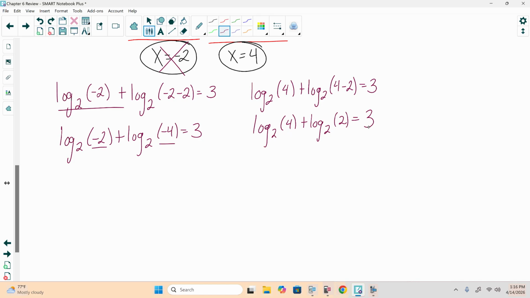What's inside both of those logarithms is positive and not 0, so this works. Incidentally, log base 2 of 4 is 2, and log base 2 of 2 is 1. 2 plus 1 is indeed 3. So this one does work. So our only solution for this is x is equal to 4. Questions on this here?